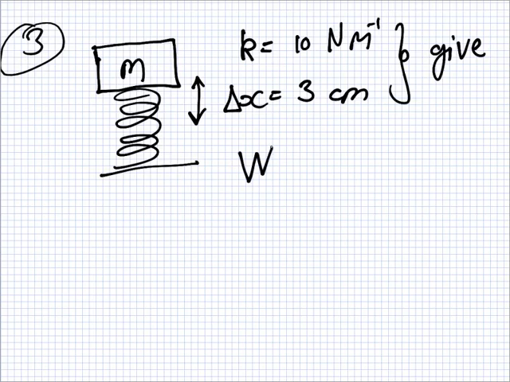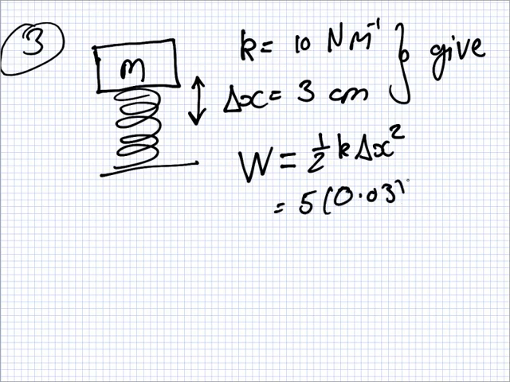Okay. What's the work done? The formula is a half K delta X squared. So that'd be 5 times 0.03 squared. So that's 5 times 3 over 100 squared.